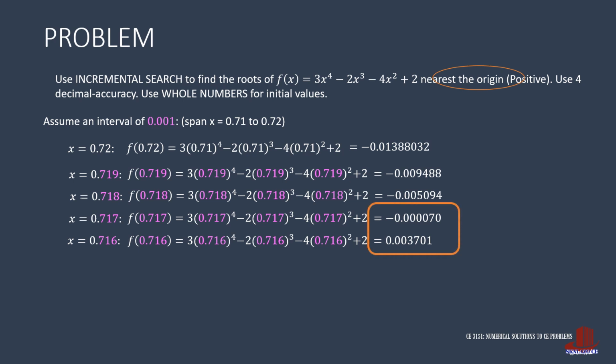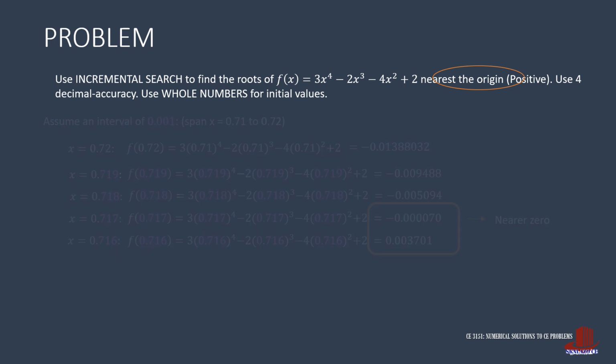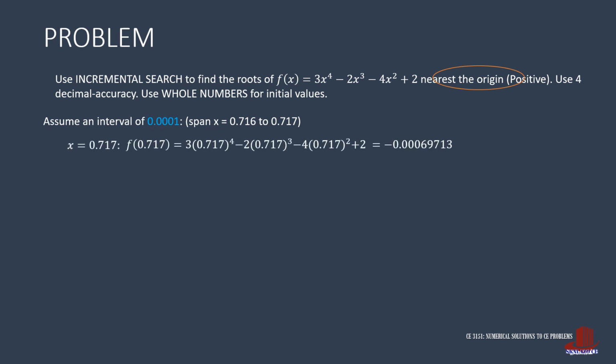With the jump finally appearing, we can stop the iteration, and we use x of 0.717 for the limit of the next increment. Knowing the span as between 0.716 to 0.717, we take an increment of 0.0001 and we use x of 0.717. As this is the upper limit, we subtract the increments.